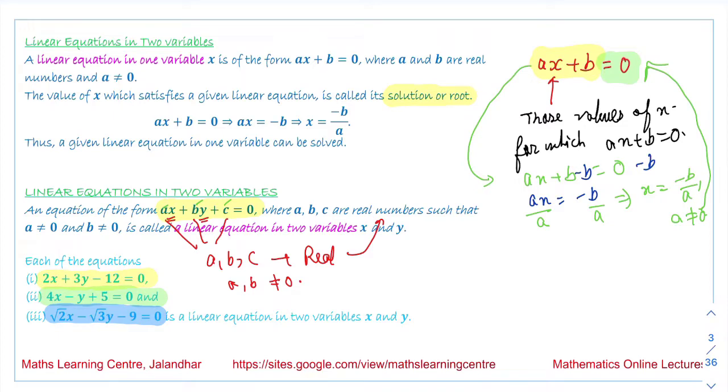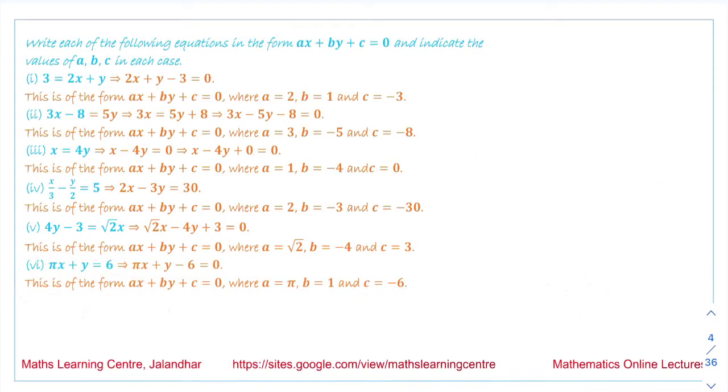Now next we have a question over here that equations are given to us and we have to write them in the form of ax plus by plus c, and tell the values of a, b and c. So first is 3 is equal to 2x minus 2x plus y.